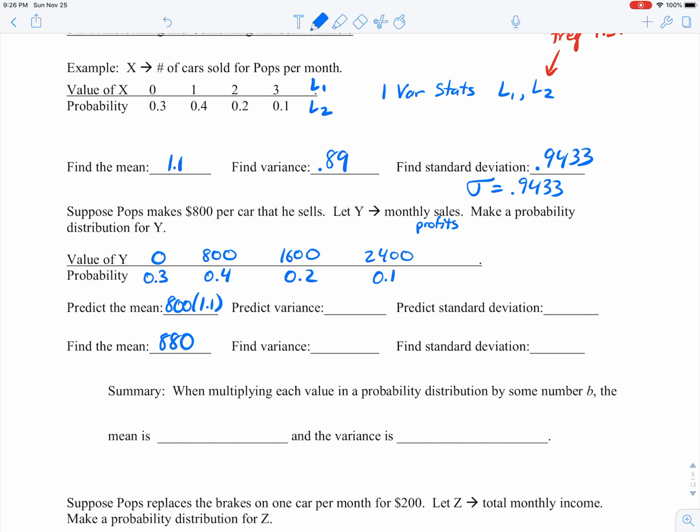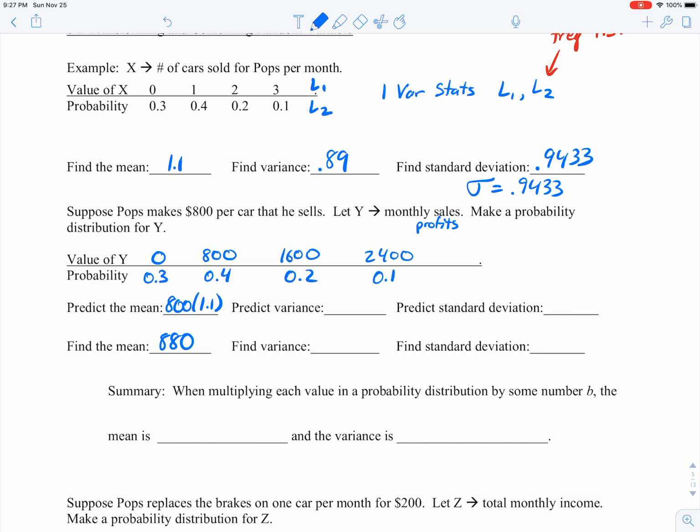Let's predict the standard deviation. Remember, the standard deviation is the same units as the mean. And so if 0.9433 is the standard deviation, as you can see above, that's 0.9433 cars. So 0.9433 cars is typically how much his monthly sales deviate from the 1.1 average number of cars sold.